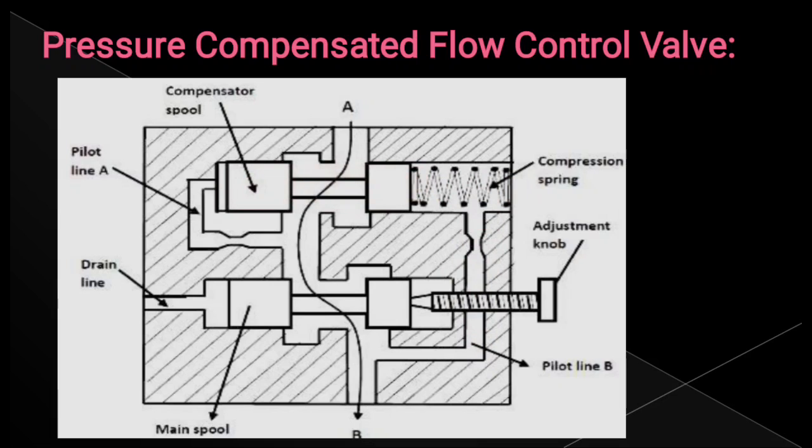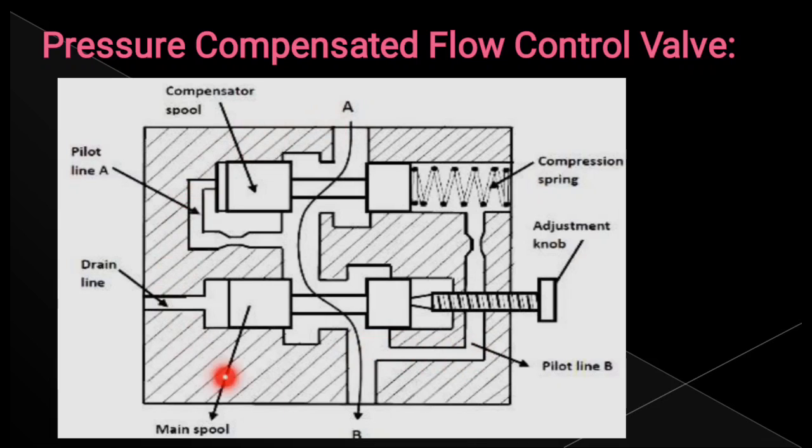Because of this movement, the opening is also controlled by this spool, whatever the land, and the flow is controlled here. So by that also the external pressure condition is compensated by this pressure compensated flow controller.